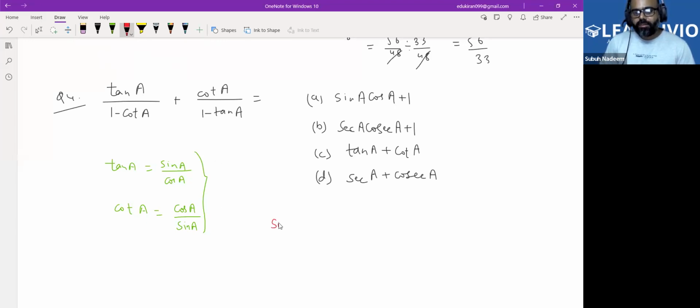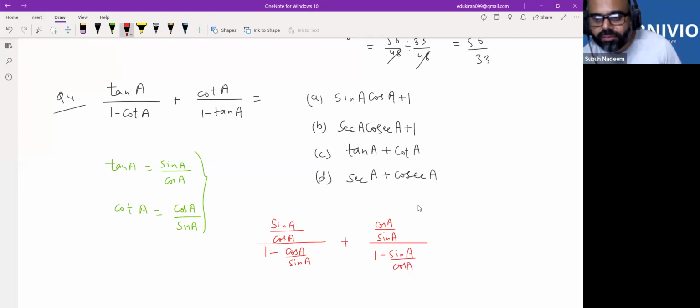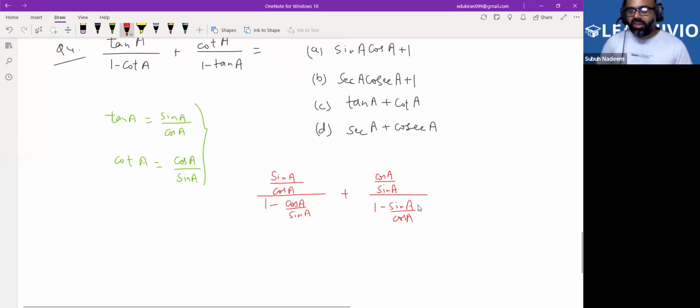So one step you have done is sine A by cos A upon 1 minus cos A by sine A, and another one is cos A by sin A by 1 minus sin A by cos A. So I hope every one of you have done.